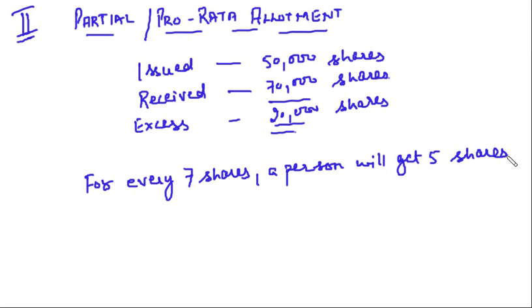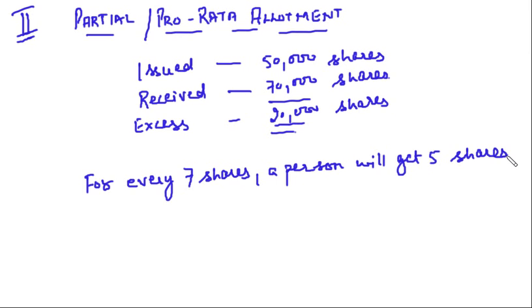Clear? That means we are not rejecting the applications. What we are doing is we are just allotting the shares proportionately. We are dividing the shares into more parts so that every person who has applied for the shares gets some shares. If he has applied for 10,000 shares, he might not get 10,000 shares, but he will get some share. This is pro rata allotment, that is partial allotment.